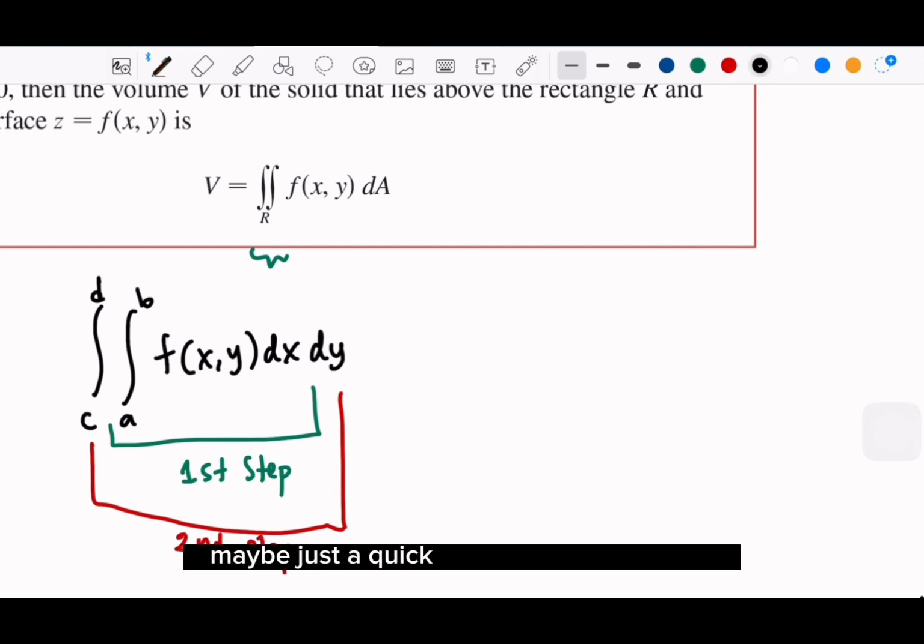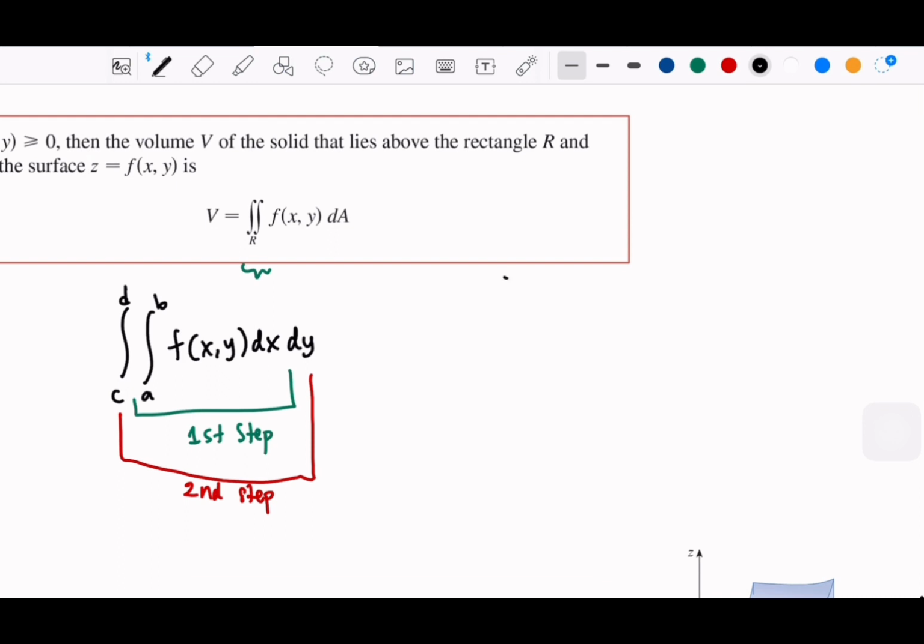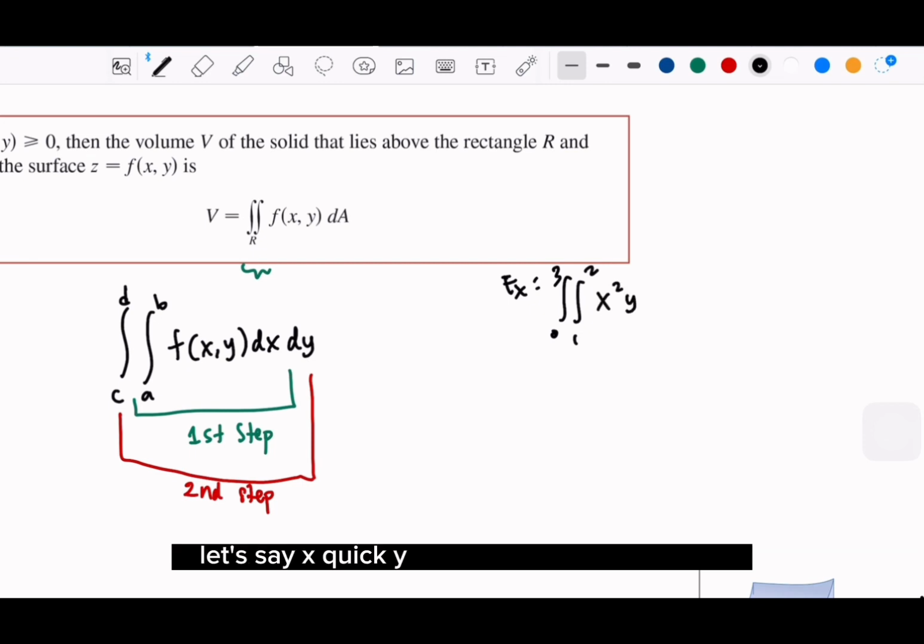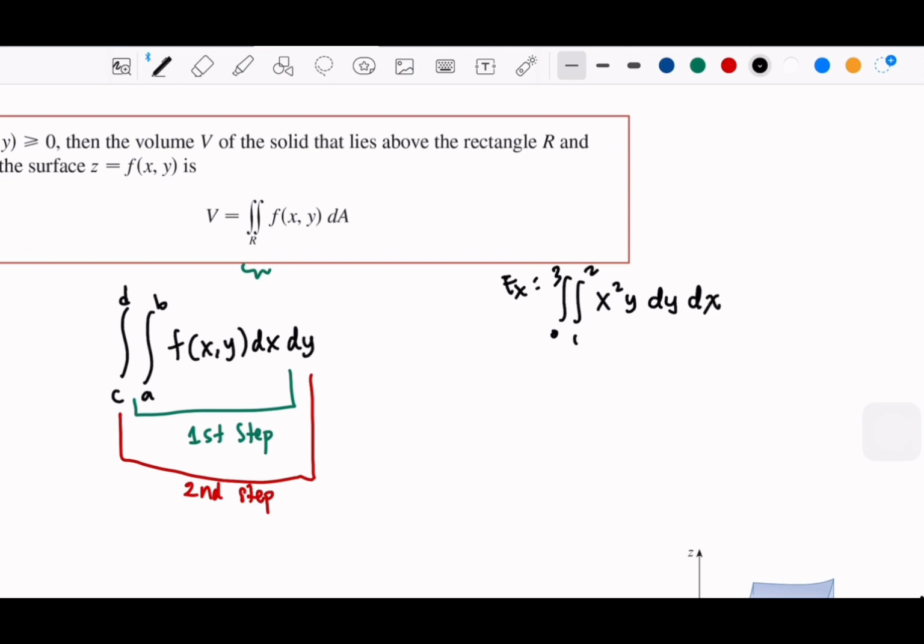Maybe just a quick example. Let's say x squared y, and let's say we have dy dx. We can switch dy dx here, depending on the case.